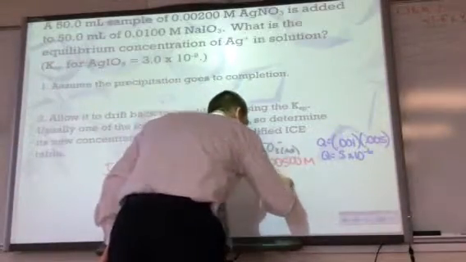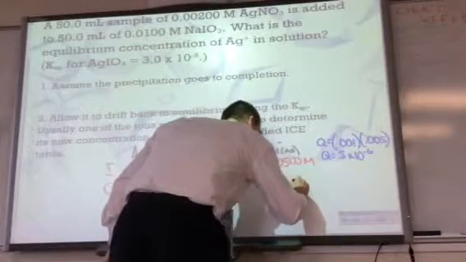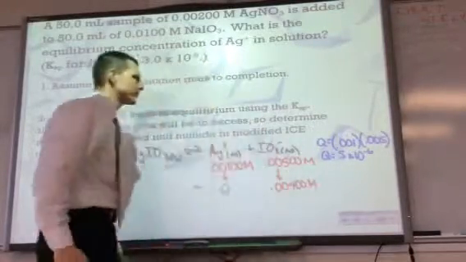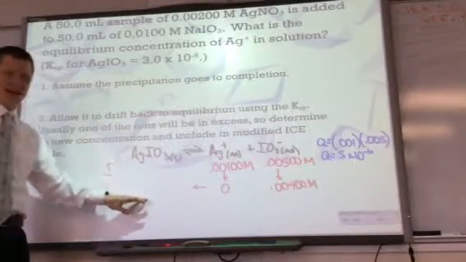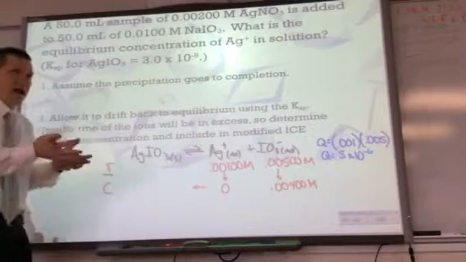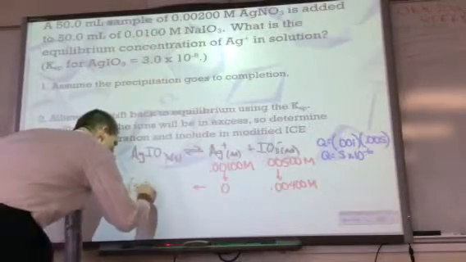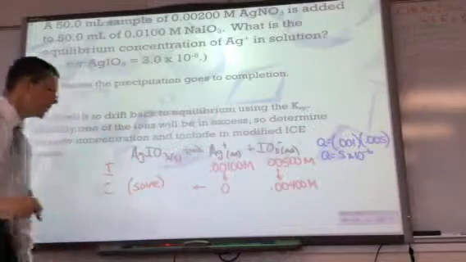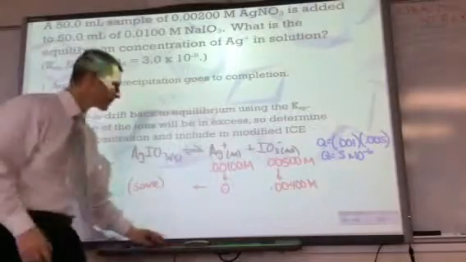The IO3 then goes down by the amount that silver went down, to 0.004. Now again, this on the left side is a solid, so I don't really have a concentration to say that we made. However, we just know that solid was made. So the solution is going to get cloudy, or there's going to be precipitate at the bottom, or some sign of a precipitate is going to be there.